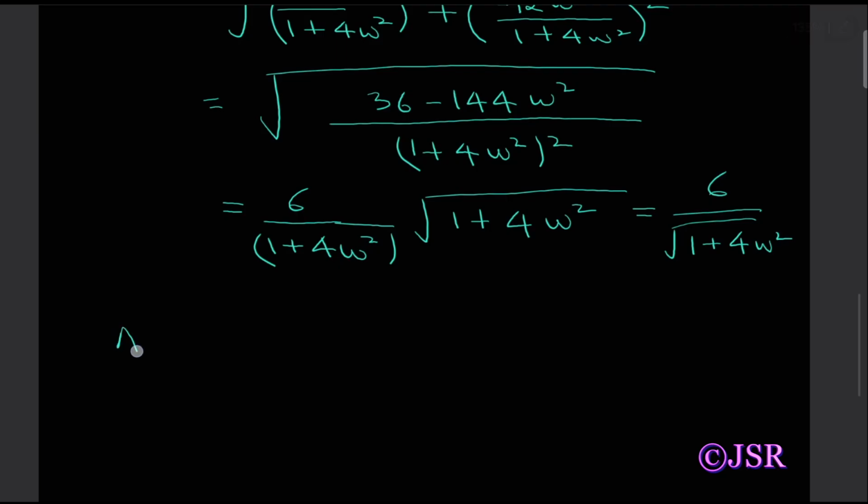So therefore amplitude ratio is equal to 6 upon under root 1 plus 4 omega square. So this is equation number 2.